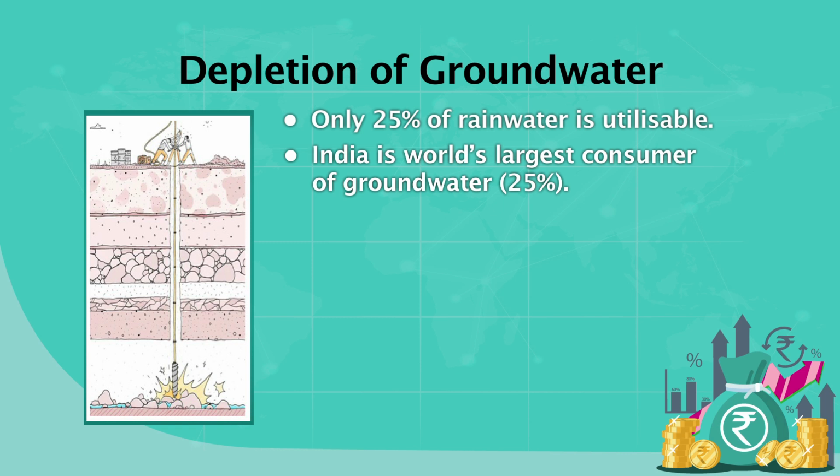Of the total utilizable groundwater that we receive from the rains, we consume 25%, one fourth, ourselves. Such a high level of consumption of groundwater that we are making. So, it is high time that we use the groundwater in a very economical manner.